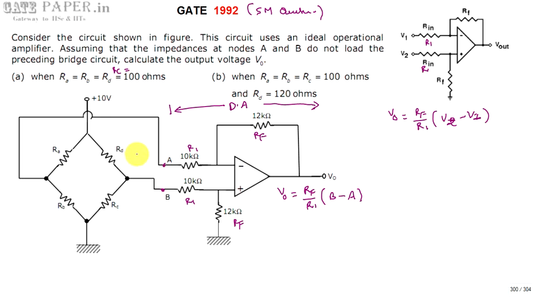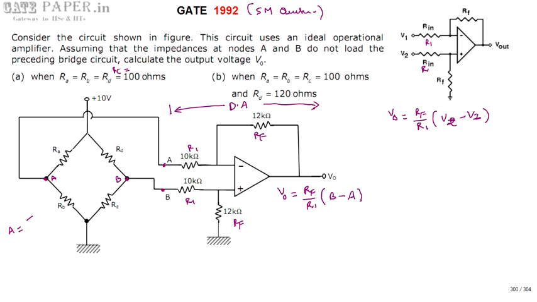Okay, so point A is this one, the voltage across this one. This is point A and it is point B. Voltage at A can be written as follows. If you are observing, this is 10 volts, and the 10 volts is connected to this branch, RA RB, and this branch also, and it is given that the preceding stage op amp is not loading this bridge.